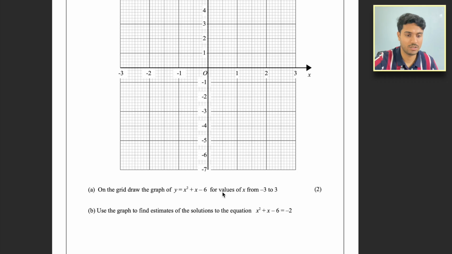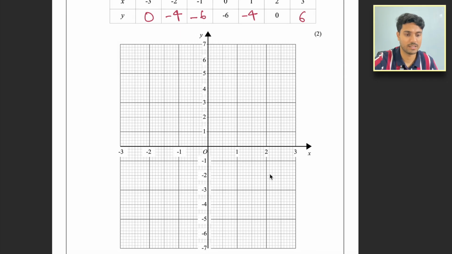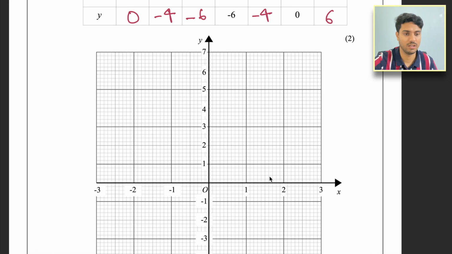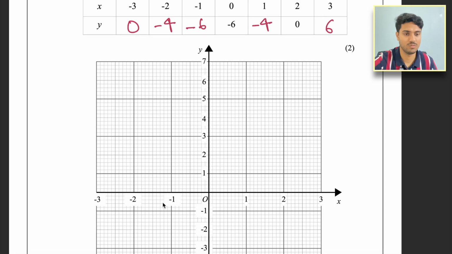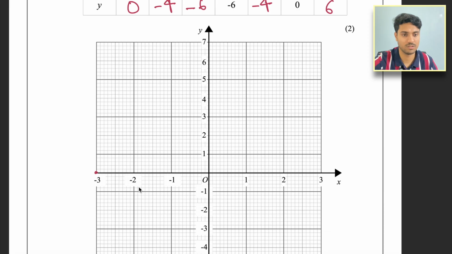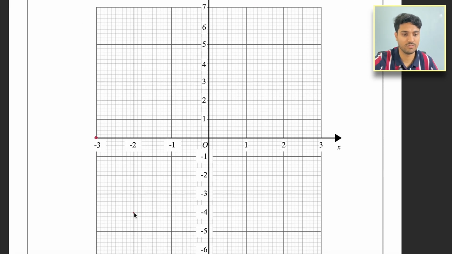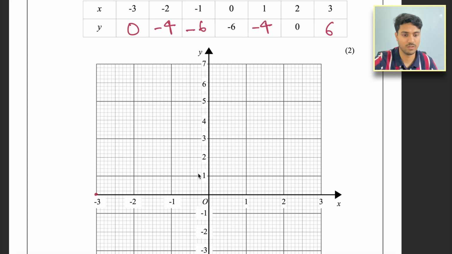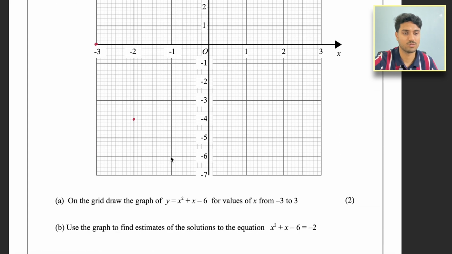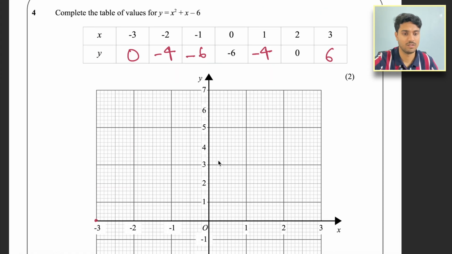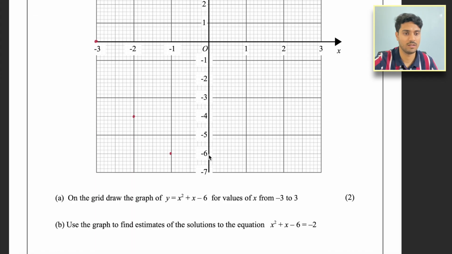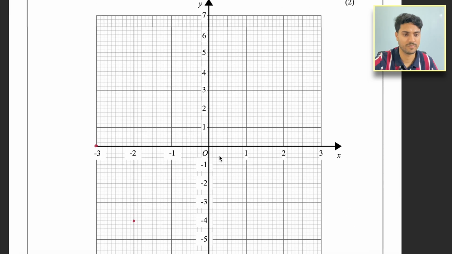So now we have all the table values. It says on the grid draw the graph of y equals to x square plus x minus 6 for the values negative 3 to 3. So now we have all the values. We can easily plot it here. So at negative 3 it is 0. So negative 3, 0 is here. Negative 2, negative 4 will be here. Next one, negative 1, negative 6 is here. 0 and negative 6.